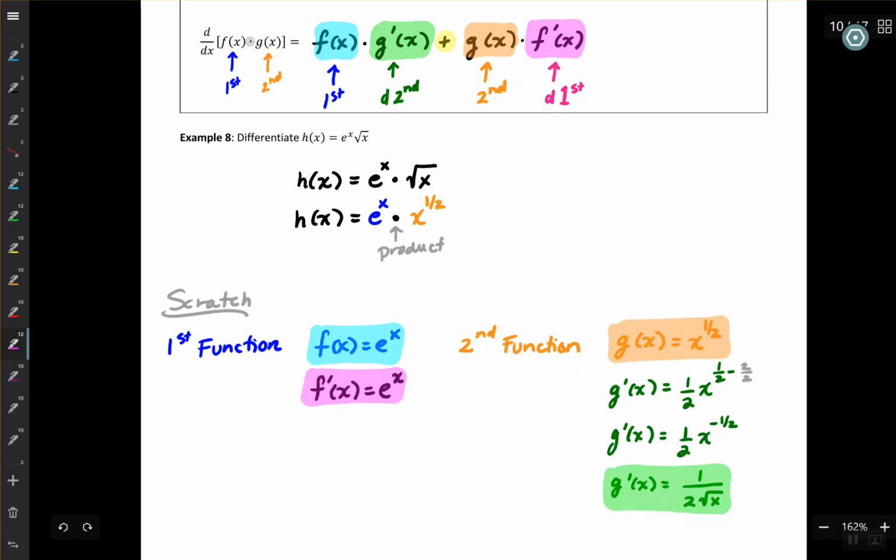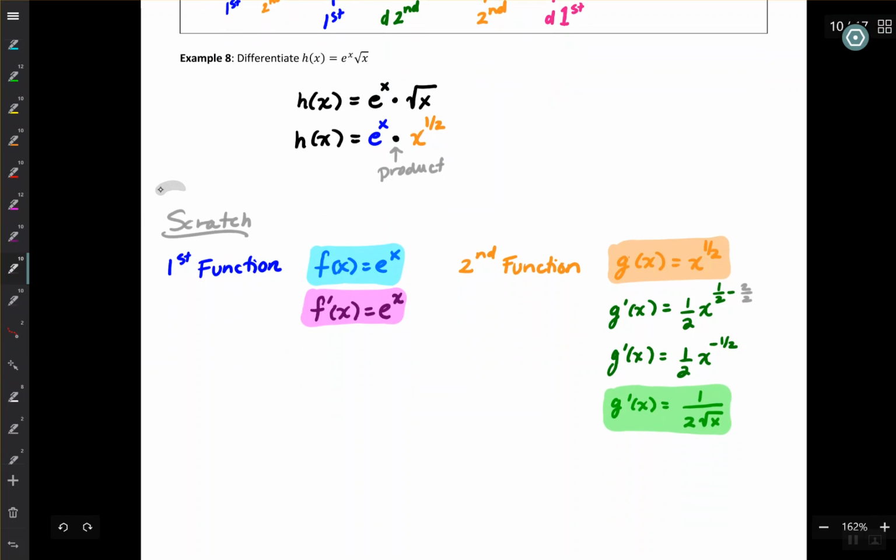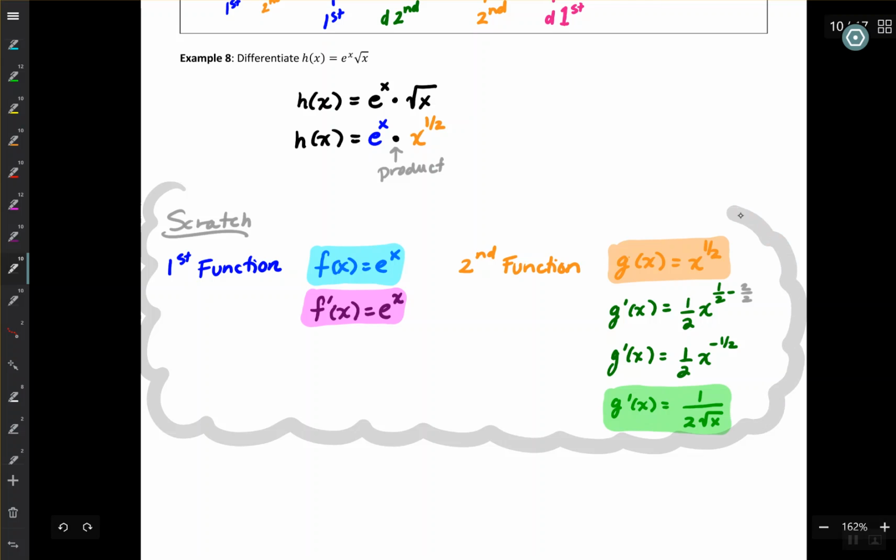Okay. So that's all my scratch work. Now I'm just going to stitch it all together.